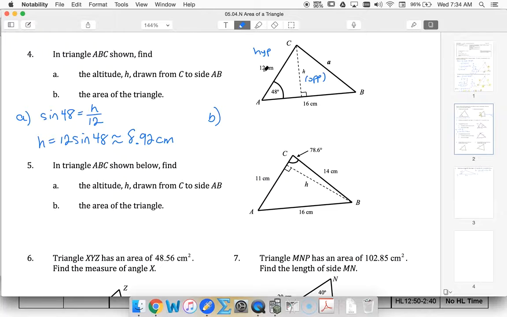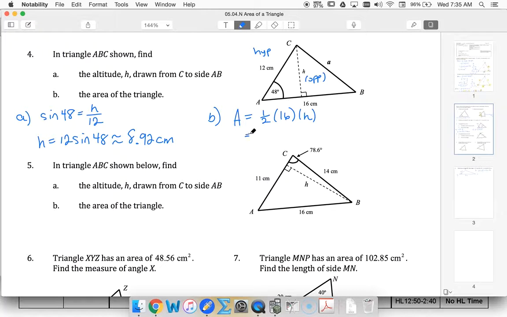Now, I could use half 12 times 16 sine 48, or since I've already done the 12 sine 48 in my calculator, I can go back to the fact that area is 1/2 of the base times the height. And again, here h is my height.